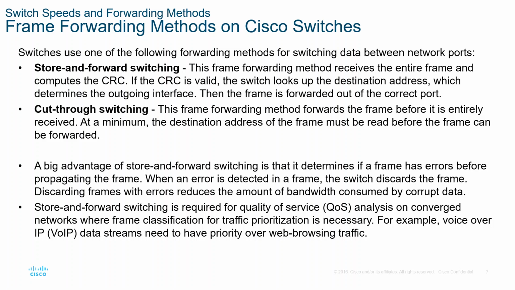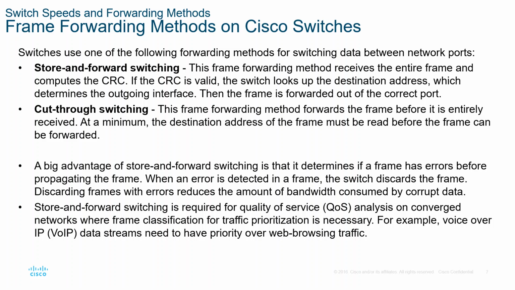In cut-through switching, the frame forwarding method will forward the frame before it is entirely received. Basically, the minimum information that the switch needs is the destination address of the frame.